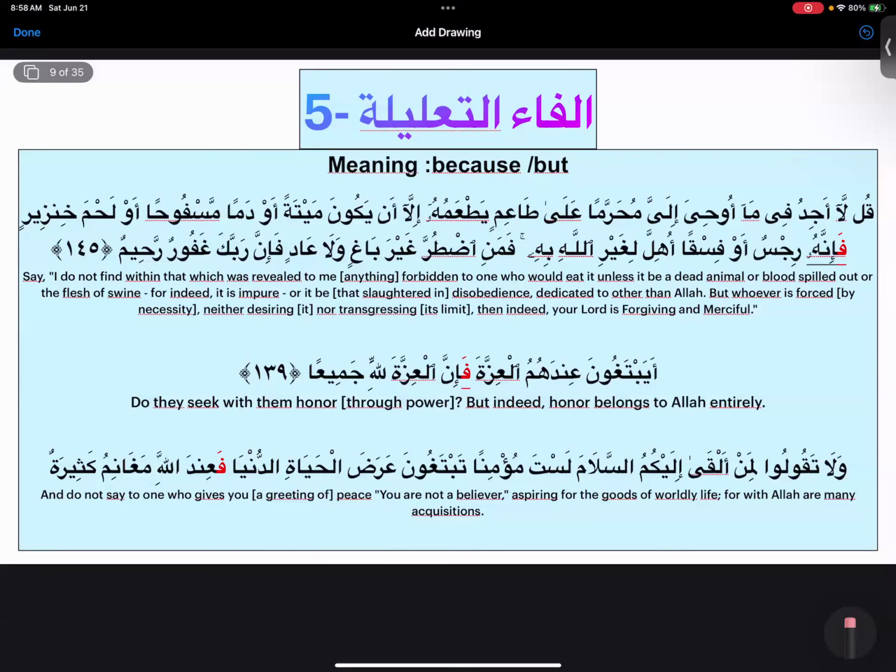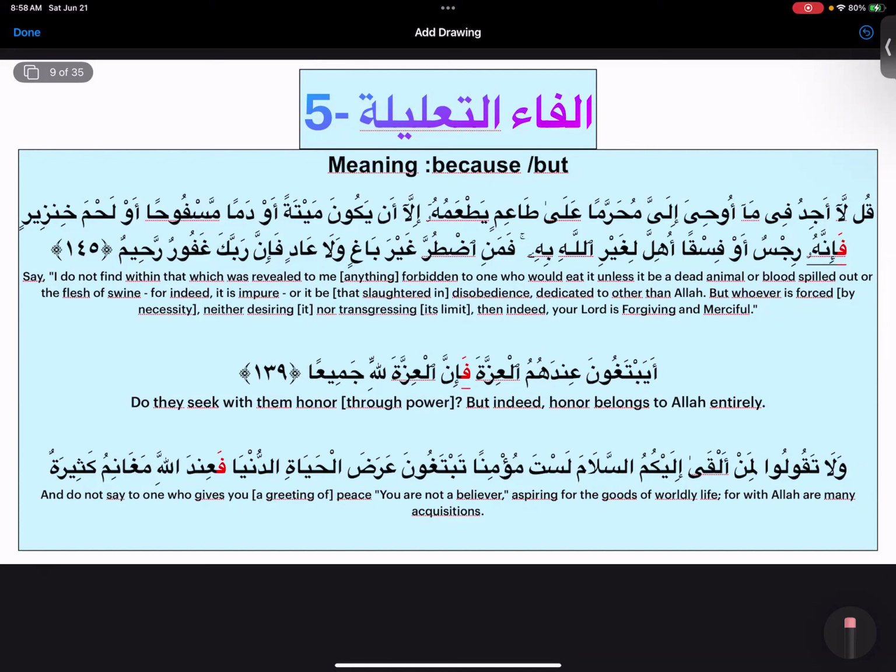And then in the second example, ayabtaghuna indahumul izza fa innal izzata lillahi jami'a. So translation is going to help us out, right? There is no change grammatically, so how are we going to figure it out?